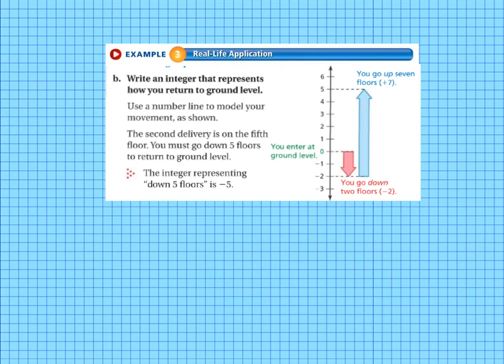So the second delivery is on the 5th floor because we came in at 0 and we went down 2, so we were below ground level, and then we went up 7 floors, which took us to the 5th floor of this building. And then if we want to get out again on ground level, we have to take the elevator back down 5 floors. So the integer representing down 5 floors is -5.